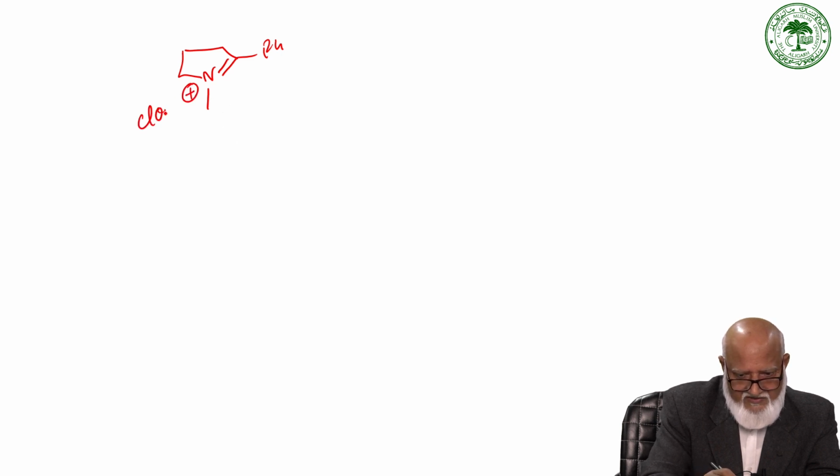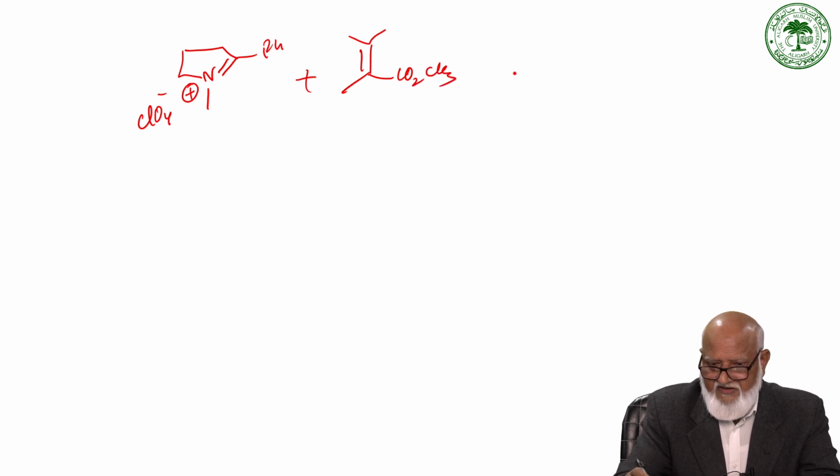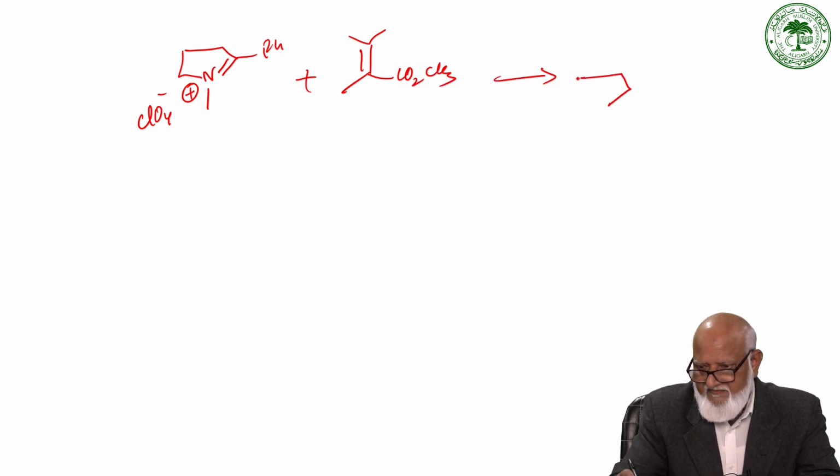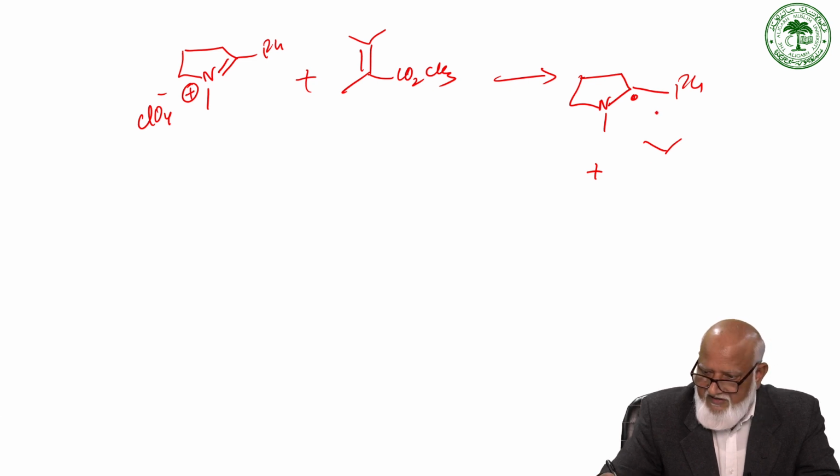For example, if we have a system pH plus charge ClO4 minus reacting with an ene ester, CO2CH3, giving rise to a carbon-centered radical after the electron transfer, pH, and then plus this radical cation.